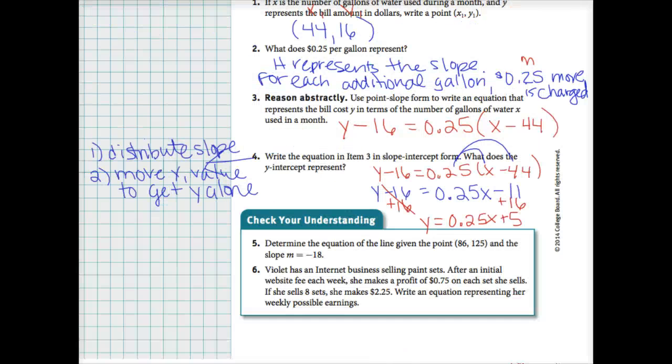So the y-intercept represents that when 0 gallons are used, the charge is $5. You could also interpret it even a little bit more and say that it represents the flat fee water charge, because that of course means the same thing here.